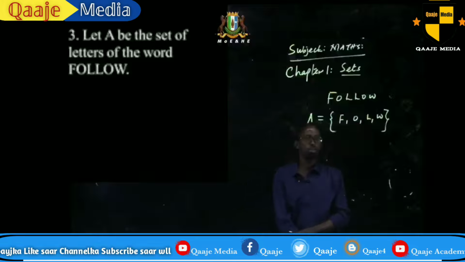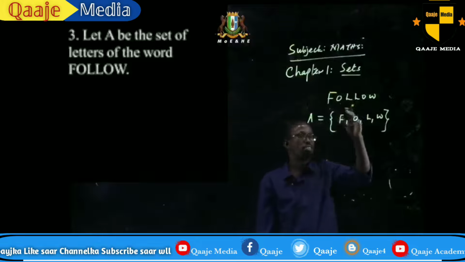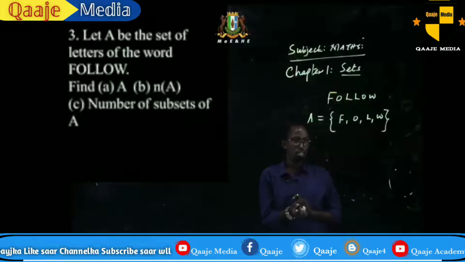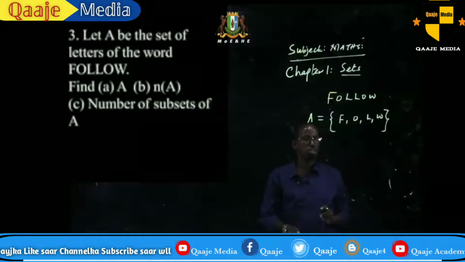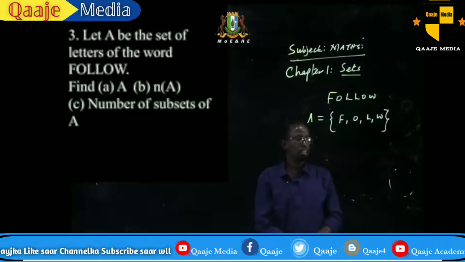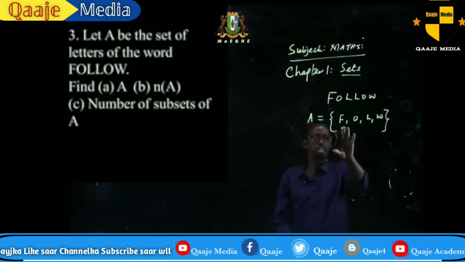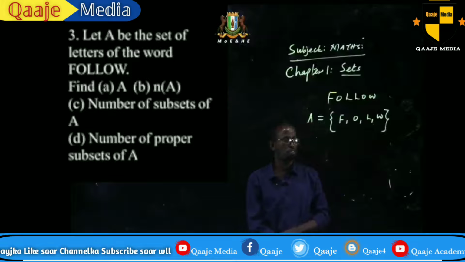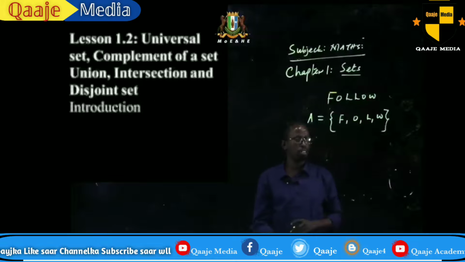We remove the letters that repeat because the letters should not be repeated. So set A will be {F, O, L, W}.